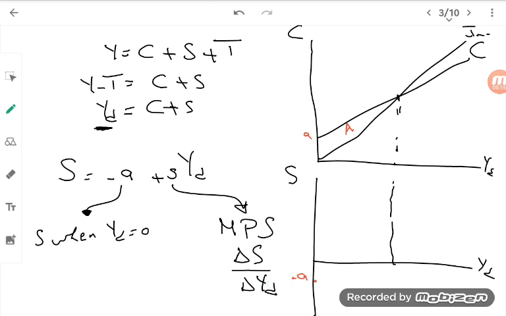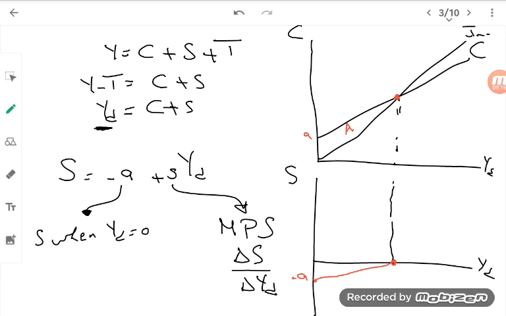At this point, consumption is equal to income, so savings will be 0, and this is income. So this is the saving line.